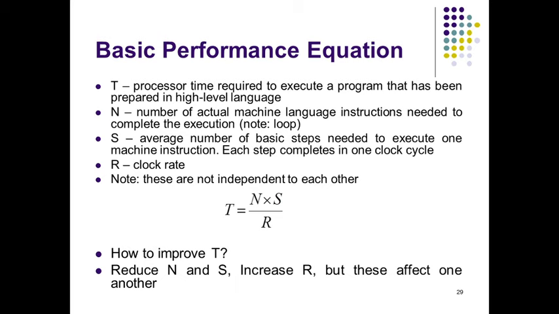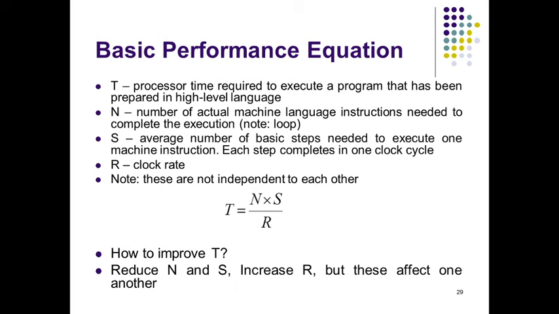To achieve high performance, the computer designer must seek ways to reduce the value of T. It means that reducing the values of N and S and increasing the value of R will reduce the value of T, that is the program execution time. The value of N is reduced if the source program is compiled into fewer machine instructions.